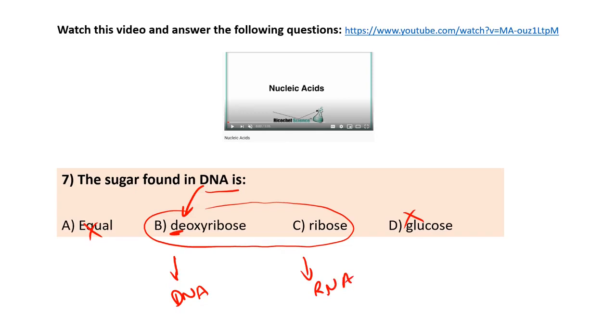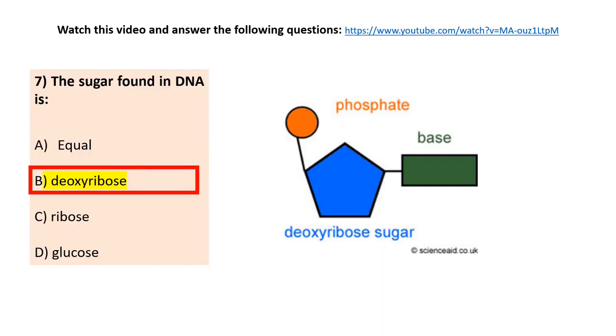Generally I don't ask about the structures, but remember to study them. So you know that this is the DNA: here is the phosphate, the nucleic base, and here in the DNA is the deoxyribose sugar. So this will be the correct one.